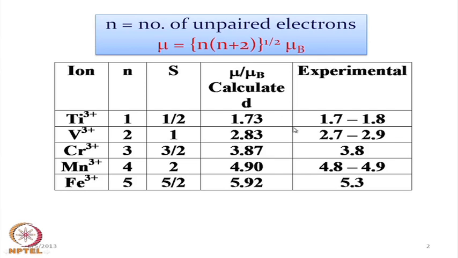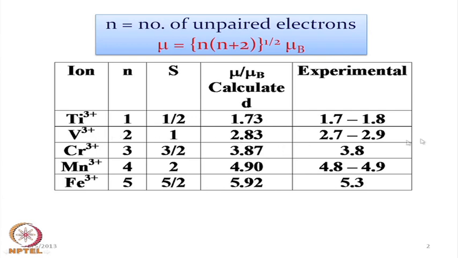Both these motions can generate moments. So we can have spin angular momentum as well as orbital angular momentum, and as a result we can have the spin moment as well as the orbital moment contributing towards the total magnetic moment of the system.